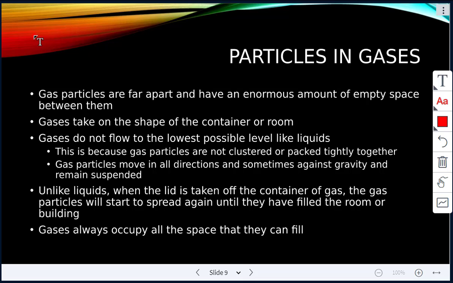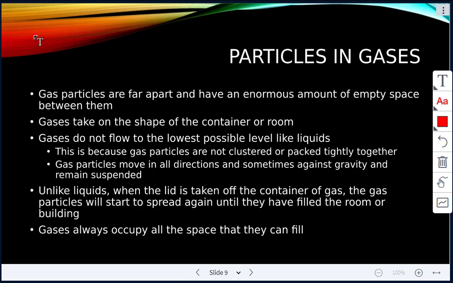And then gases, the particles are very far apart. There's an enormous amount of empty space between them. They'll take on the shape of the container. If you open up the container, then they're going to fill up the whole room. And gases will not flow to the lowest possible level like liquids. That's because gas particles aren't clustered or packed tightly together.